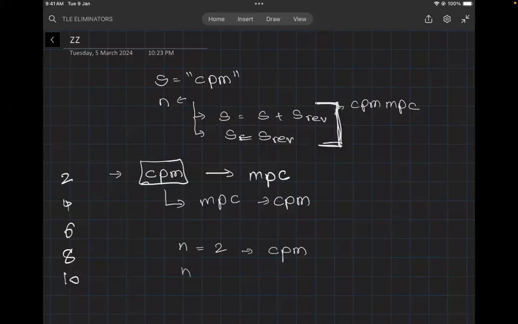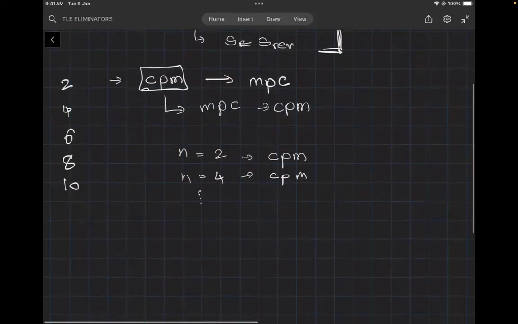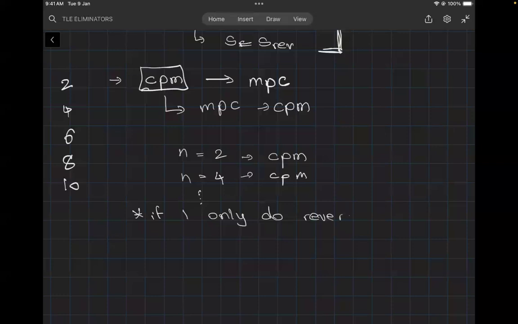Similarly, when n is equal to 4, if I do only reverse operations, I get CPM again. So what is the general idea here? If I only do reverse operations, my string does not change. Is this much clear, guys?